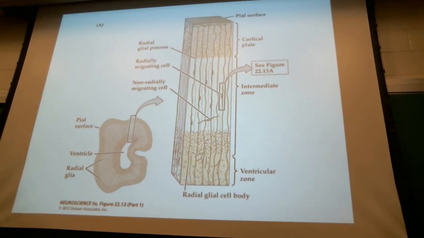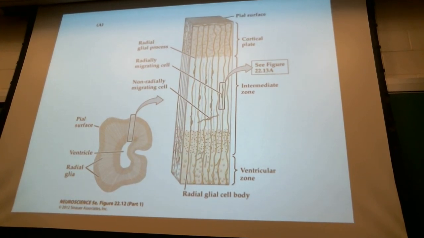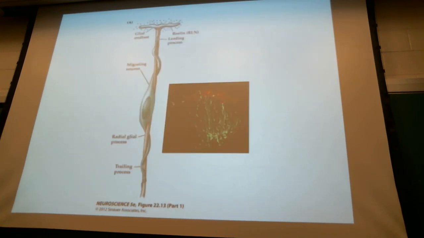There is a cell type called radial glia, and it's like a scaffold. It has a radial structure that the radial glia provides. And then a neuron is born on this side, not the pial side, this side, and then will migrate out. Here's an illustration of that.